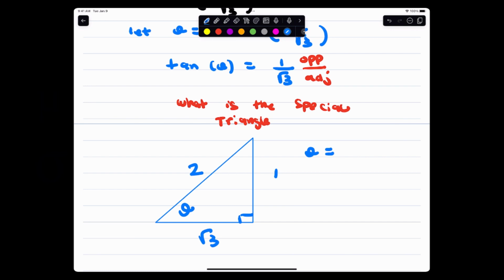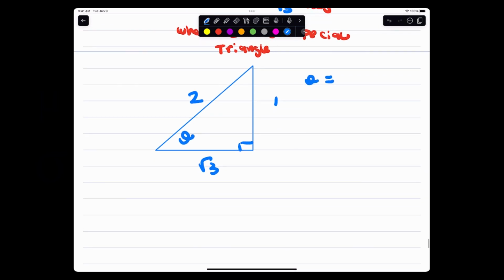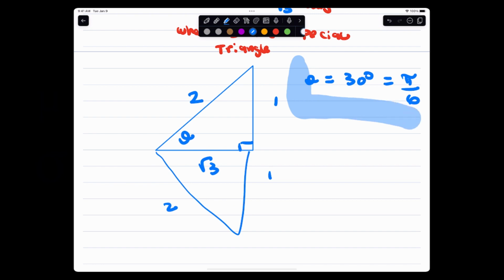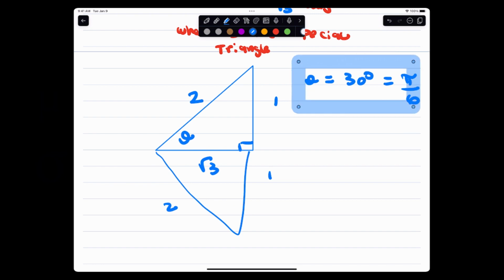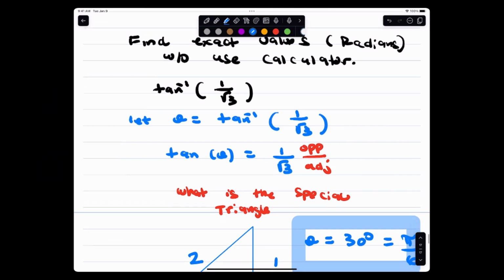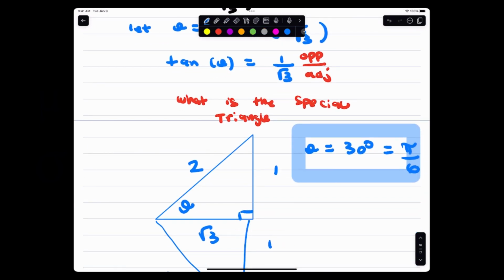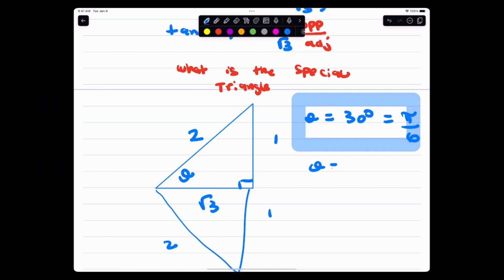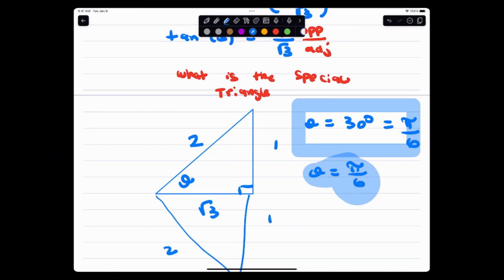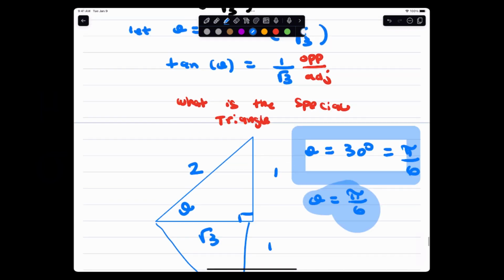Anybody want to tell me? What I see in my mind always, 1, 2, this will be what? 30 degrees, and that is pi over 6. So the answer for theta is pi over what? 6. So that's all you have to say. Easy peasy lemon squeezy. Theta's pi over 6.